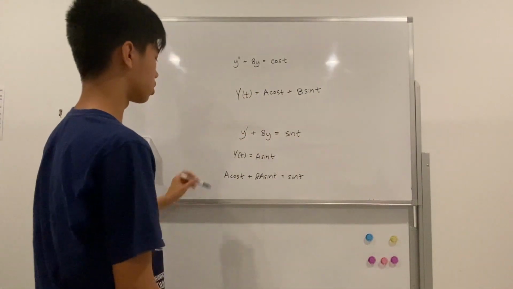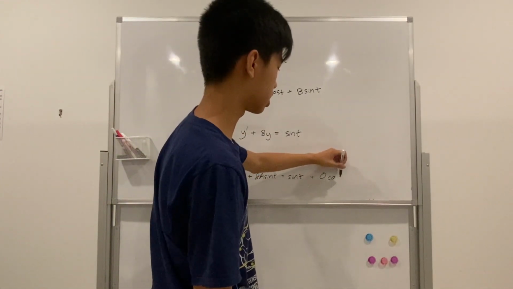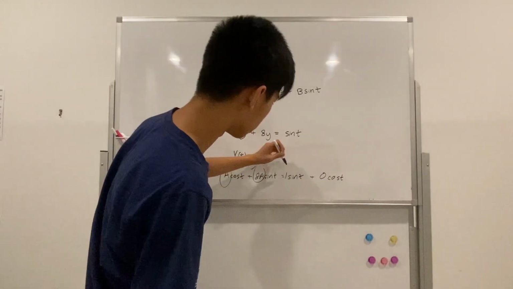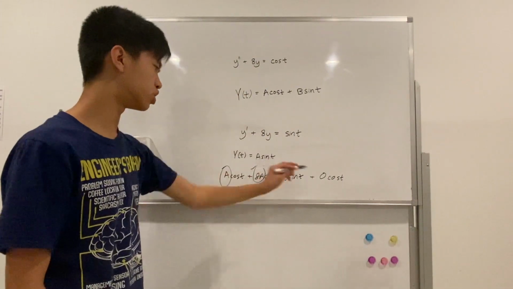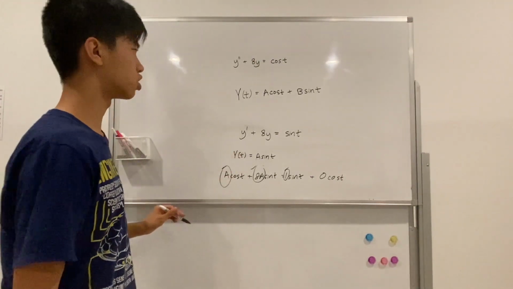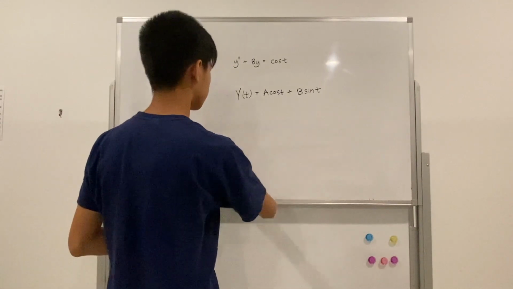And, well, you have a equaling 0 because there's no cosine term on the right side. But at the same time, you have 8a equaling 1, which is on the right side. So a would equal 1/8 and 0 at the same time. Well, that would just be impossible. So that's why we need to include the second term of b sine of t.